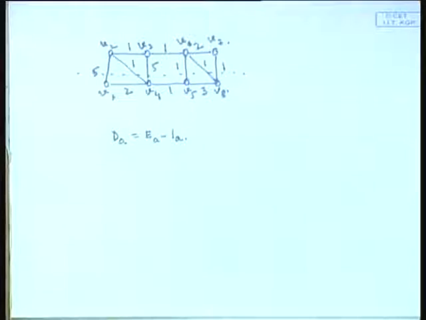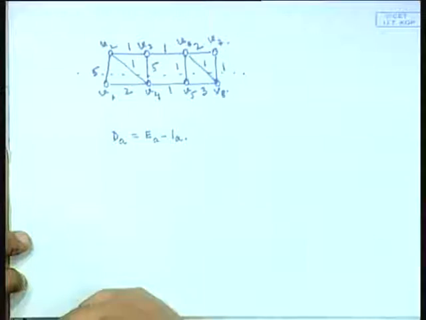Why minus internal cost? Because if I swap it to the other side, this internal cost will become the external cost. Clear? You just want to minimize the number of edges.